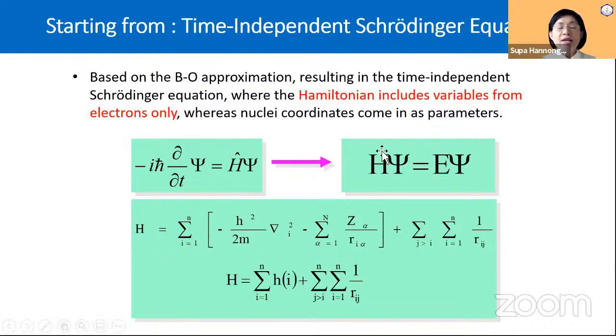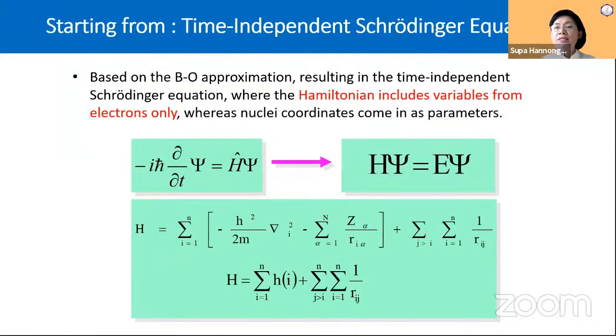The eigenvalue equation is that when the operator operates on the wave function, it results in a value, we call it the eigenvalue. In this case, it is the E, the energy eigenvalue, multiplied with the wave function. This is the uniqueness of the eigenvalue equation. Okay, so this eigenvalue is the energy of the system.